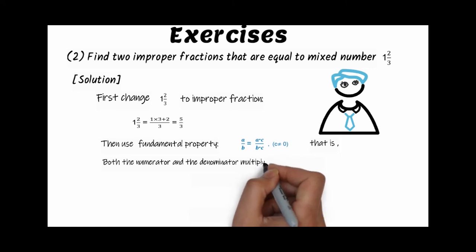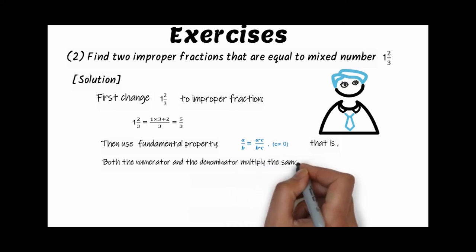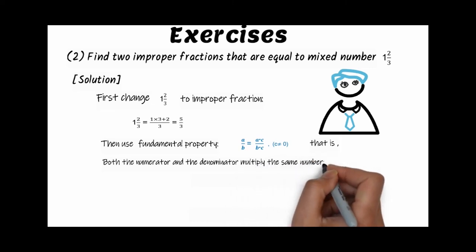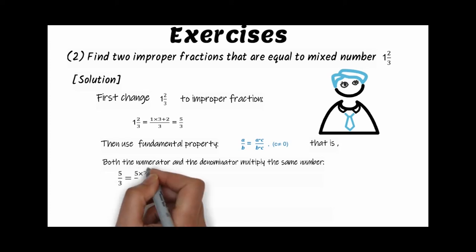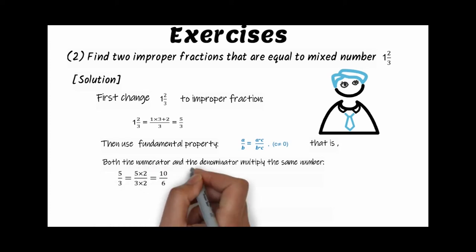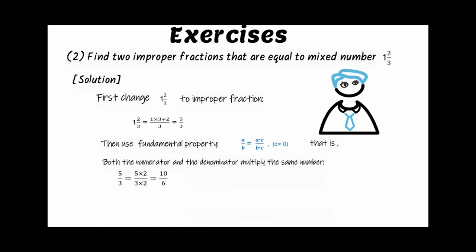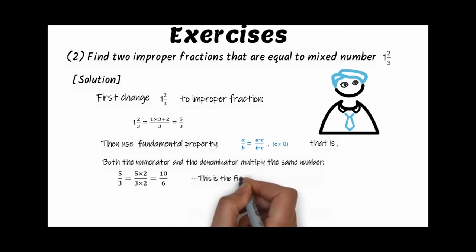Okay? So in our first case, we're going to pick the value 2. So the numerator and the denominator both multiply by 2, and that becomes 10/6. So 10/6 is a new improper fraction, but it has the same value as the original 5/3. So this is the first equal improper fraction, okay, for our answer.